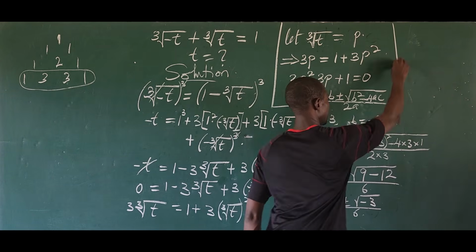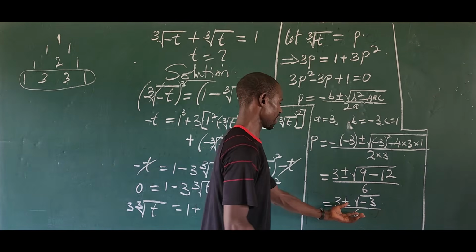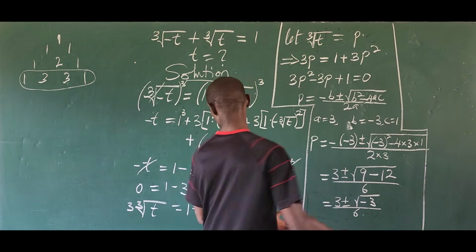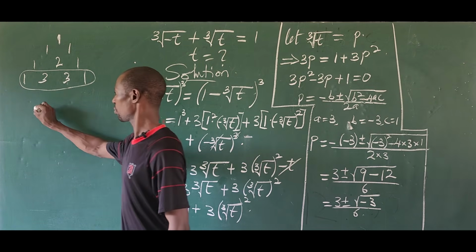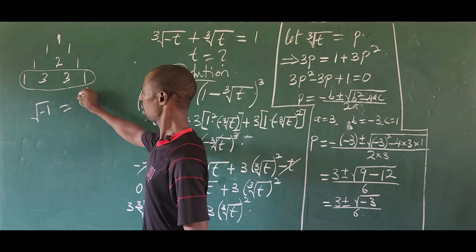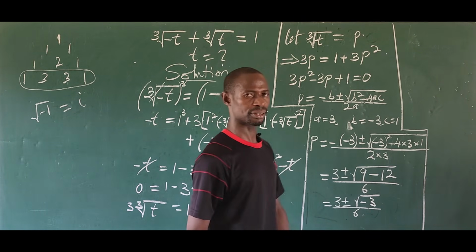All right, so let's continue here. What is our p now? We can split this, but before then, we can rewrite this minus 3. Remember that the square root of minus 1 is equal to what? Iota. So we can rewrite this and bring iota into the system.